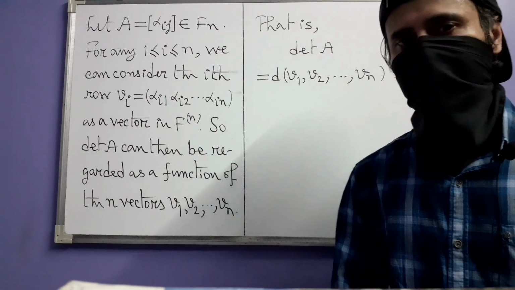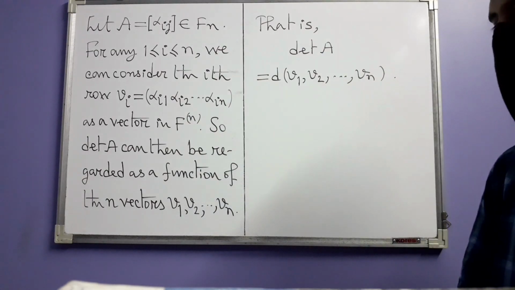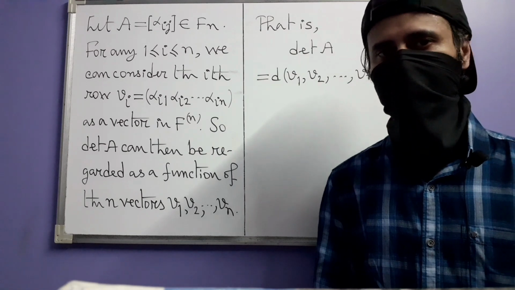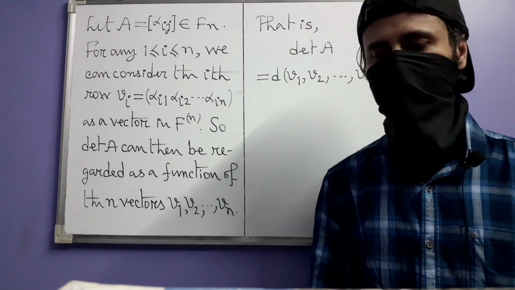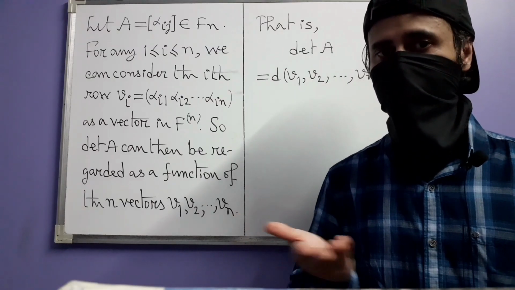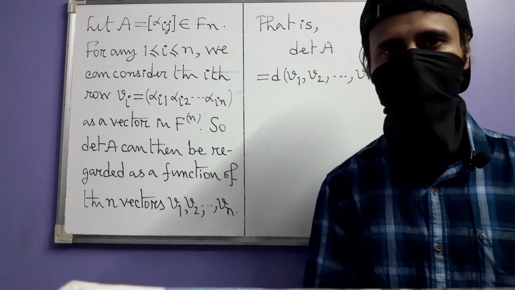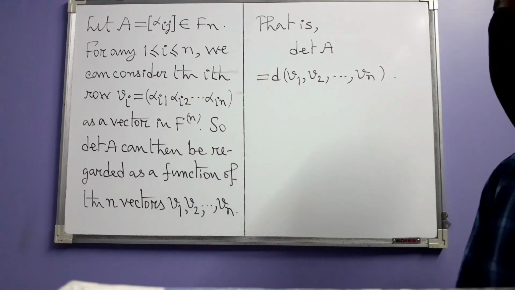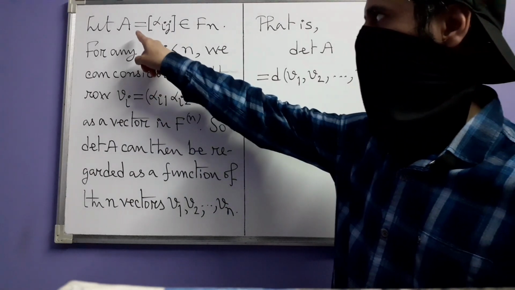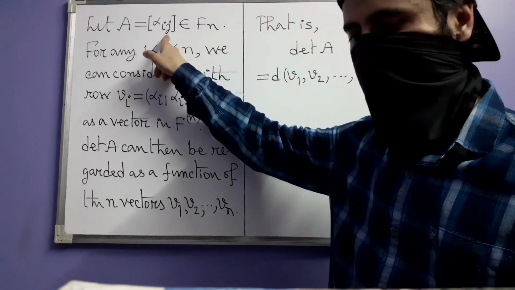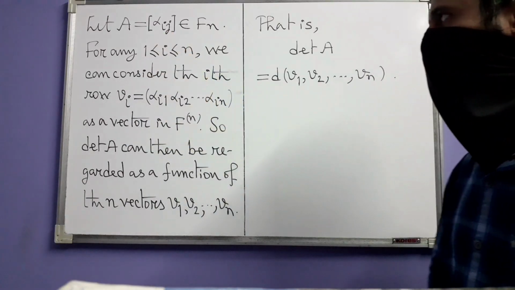Now our aim next is to look at those properties of determinants with which we are familiar and we saw them in school, which somehow are related to the rows of the matrix whose determinant you are calculating. So that is why we have this discussion. So again, let A be an n by n matrix whose ith row, jth column entry is alpha ij, say.